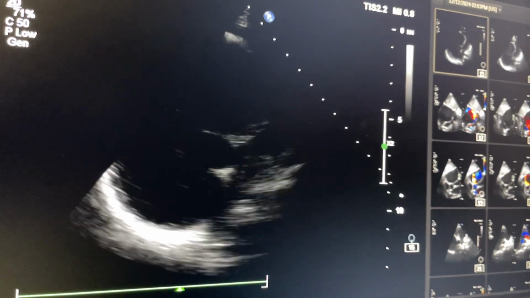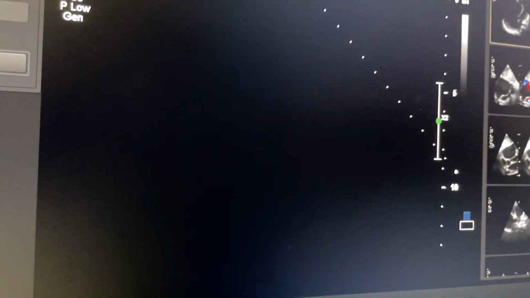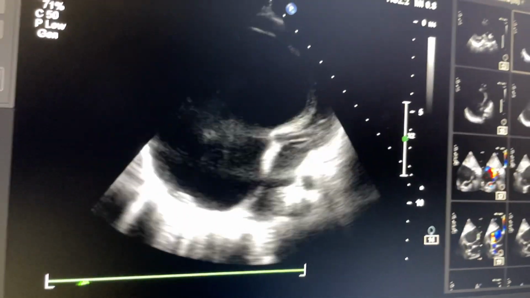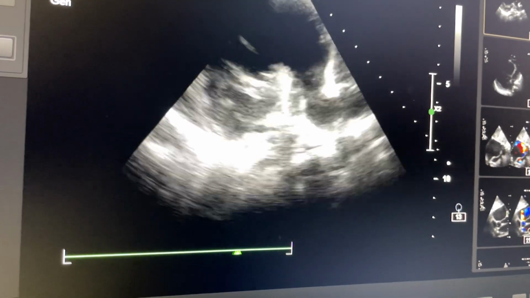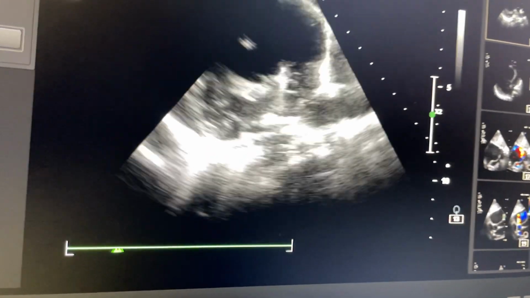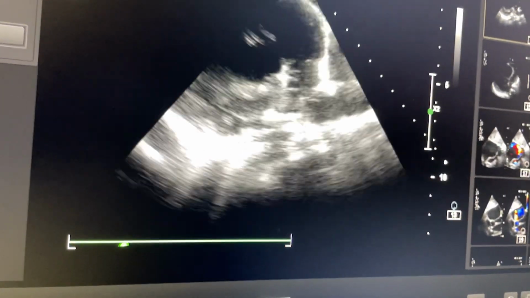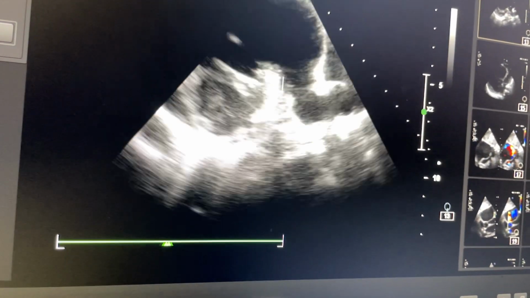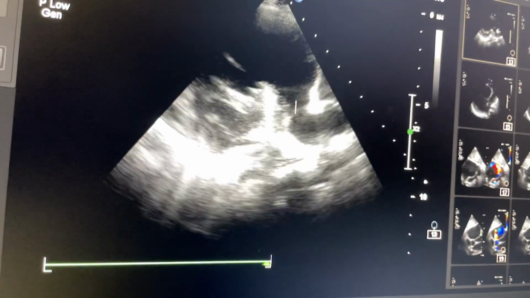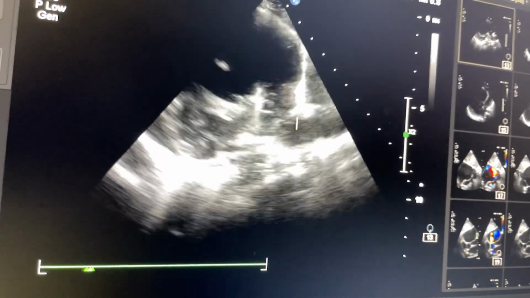Again the apical 4-chamber view, same thing. This is pulmonary valve, this is pulmonary artery. Usually in case of Ebstein's anomaly, you will find normal sized pulmonary valve and pulmonary artery.